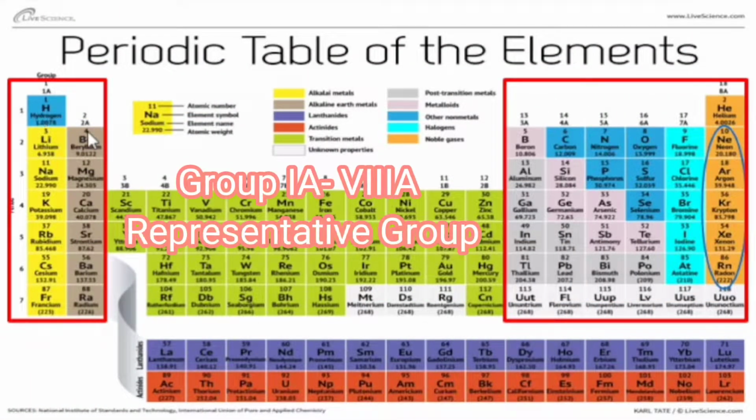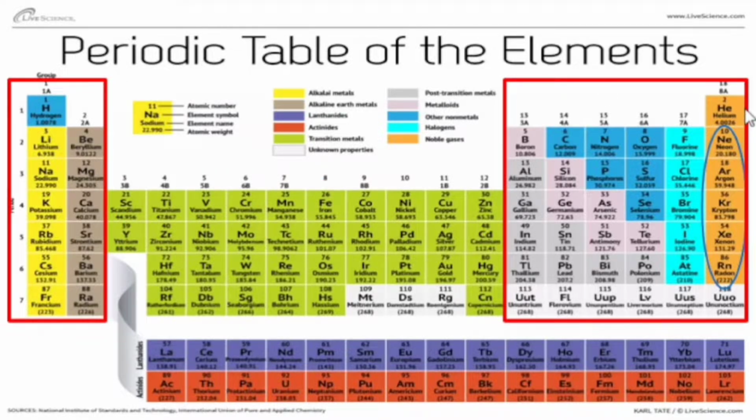From 1A, 2A, some of the 3A are all metals except hydrogen. This zigzag line are metalloids. From 4A, the carbon, up to 8A, including the hydrogen, these are all non-metals.